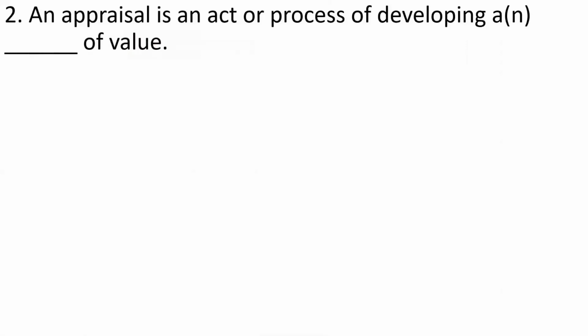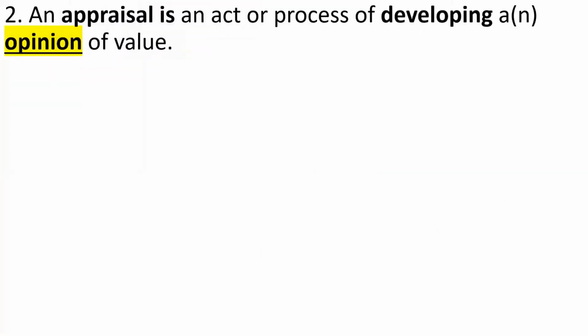Number two, an appraisal is an act or a process of developing an opinion of value. An appraisal is simply an opinion of value. So the appraiser is simply estimating the value.